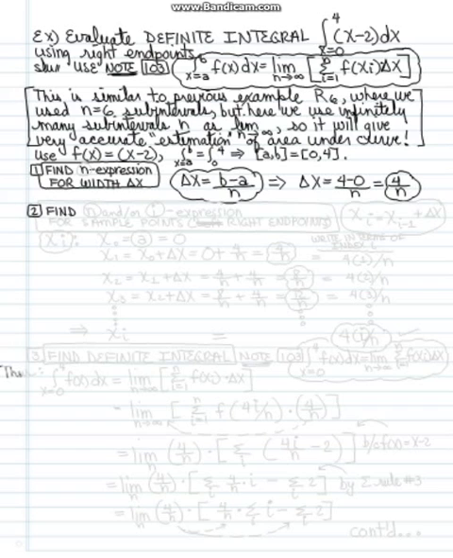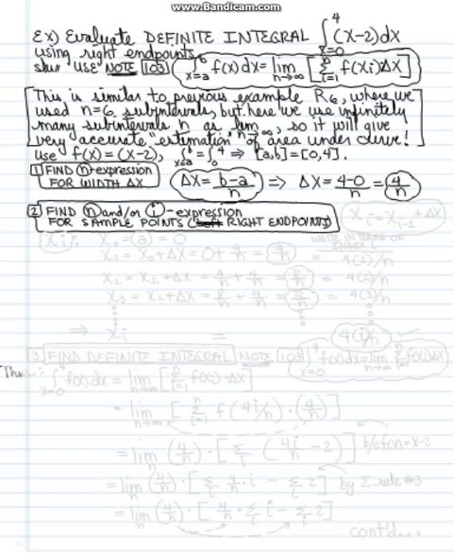Step 2. Find an expression containing a and or i for the sample points. In this case, our sample points are going to be right endpoints. The formula for sample points when you're using right endpoints is x sub i equals x sub i minus 1 plus the width delta x.